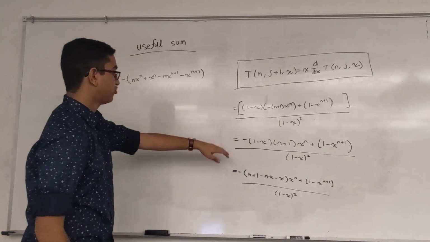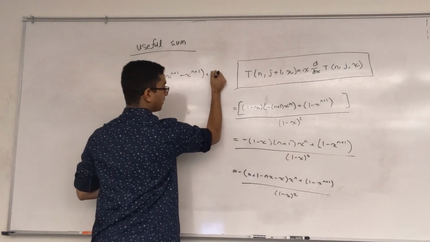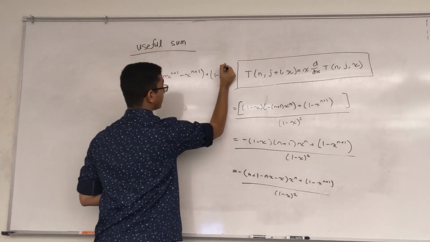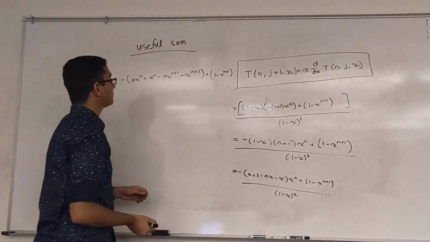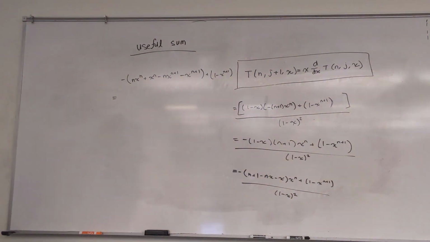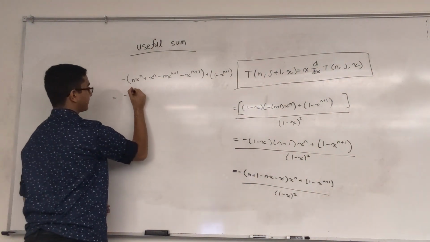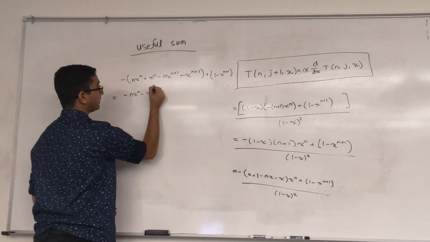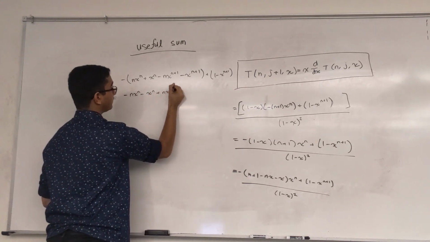And then we'll just add 1 minus x to the n plus 1, like right here. Okay? And now we need to distribute this negative sign in. So we can do that really quickly. Negative x to the n minus x to the n plus nx to the n plus 1.